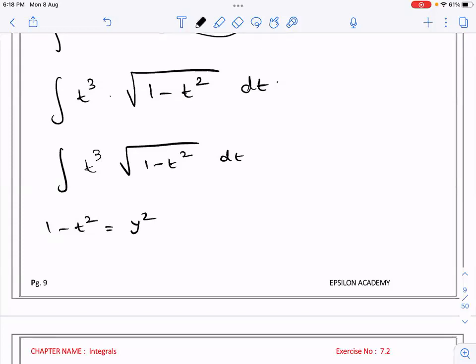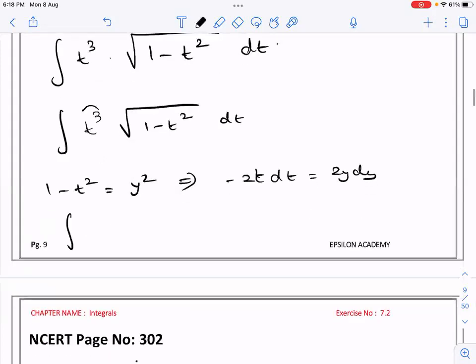Why did I take y square? Because I have root, and I square it so that it will get eliminated. So 1 minus t square is y square, means minus 2t dt is equal to 2y dy. Am I clear with this point? Is it clear, guys? Right.